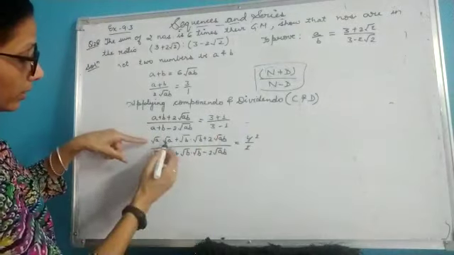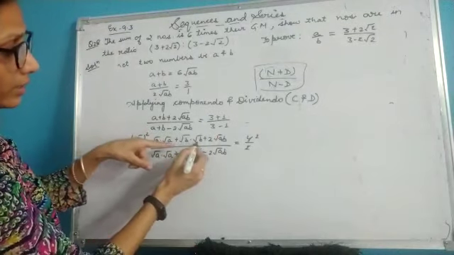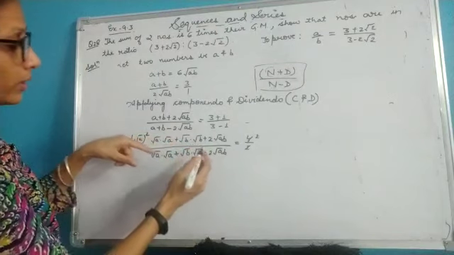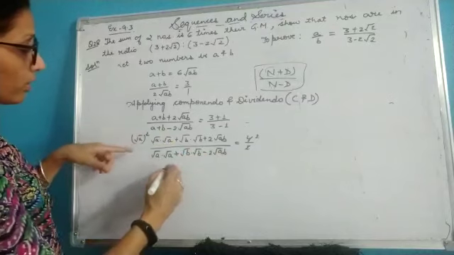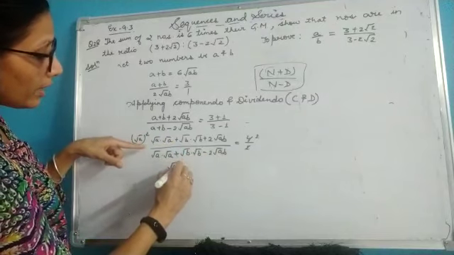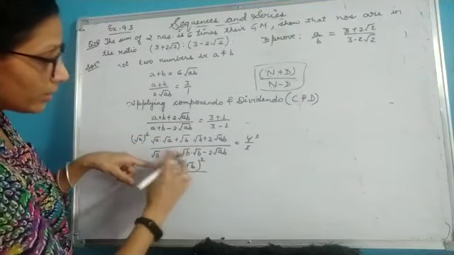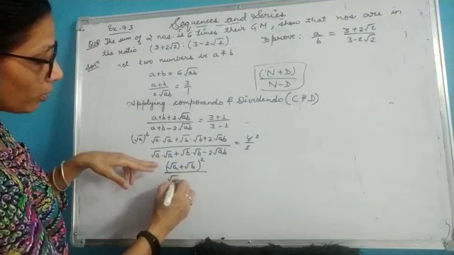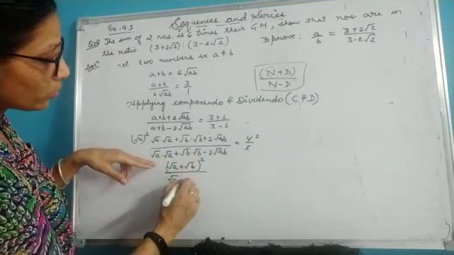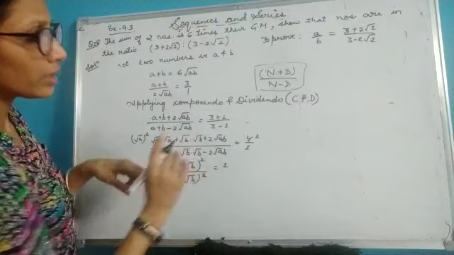Okay, so here this can be written as root A whole square, and this can be written as root B whole square, which is the formula for root A plus root B whole square, and down in the denominator it is the formula of root A, since here it is minus, so minus root B whole square, and here I am getting it as 2.